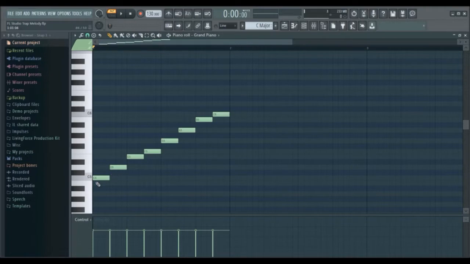We have our first note, which is the C5 in this example, which is our root position note. We have our second degree, which is our supertonic. Our third note is our mediant note. Our fourth is our subdominant note. Our fifth is our dominant.